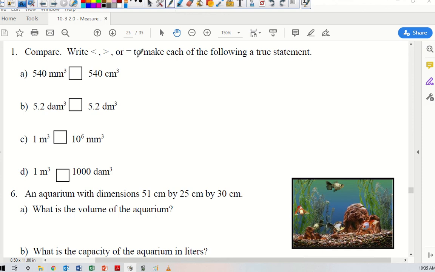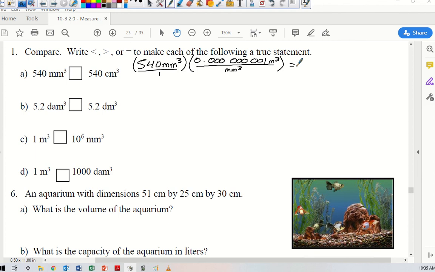Okay, so if we convert the 540 millimeters cubed, we know that there is 0.000000001 cubic meters in a millimeter cubed. That's 8 zeros followed by a 1.